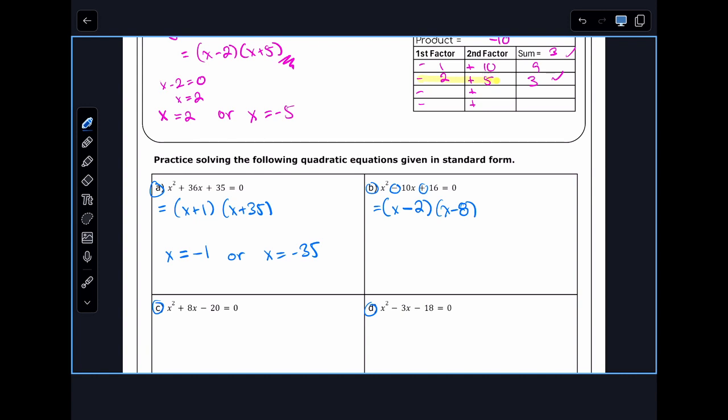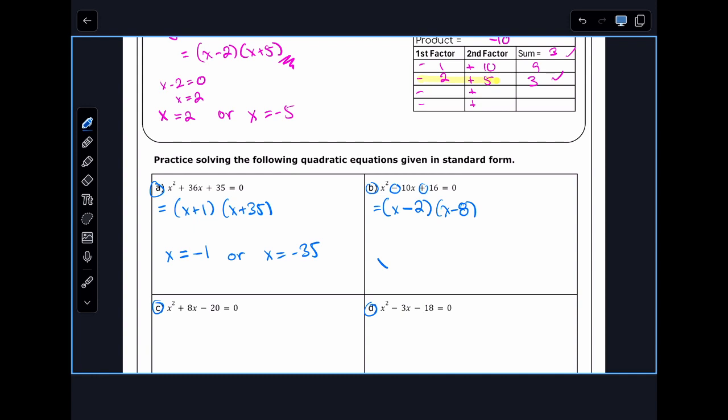Just the sign is going to be -2 and -8. Okay, and so when we isolate for 0, the first one's going to be x is equal to 2 or x is equal to 8.